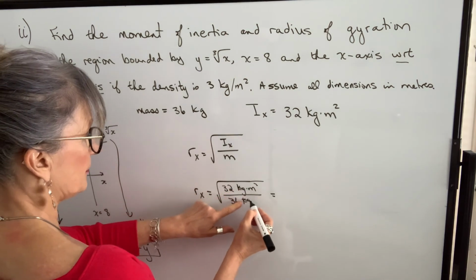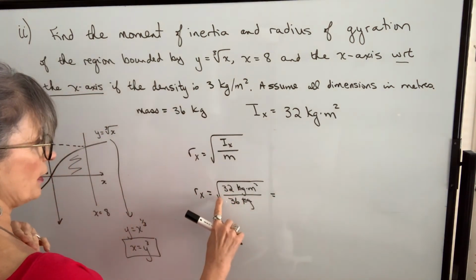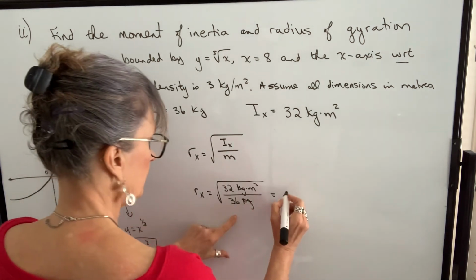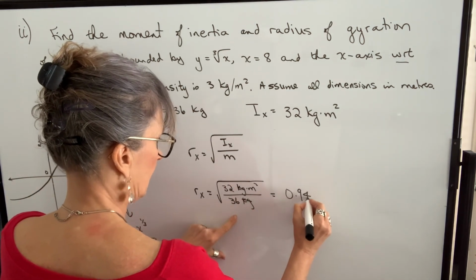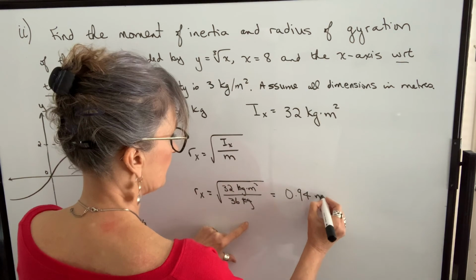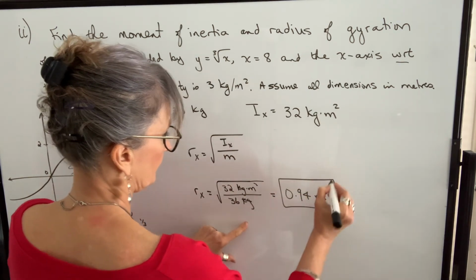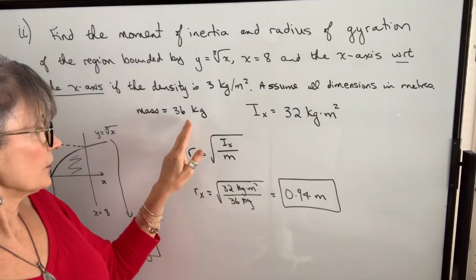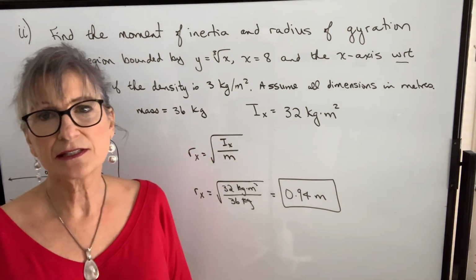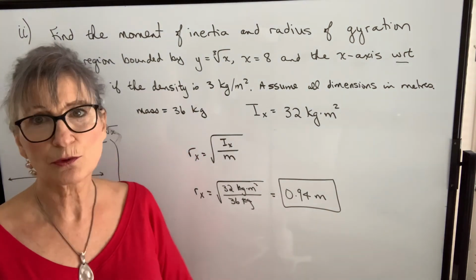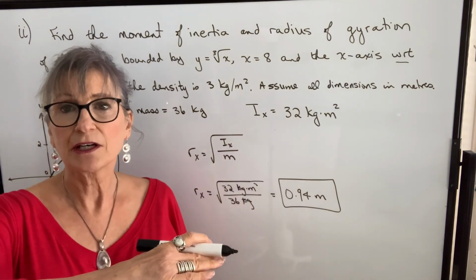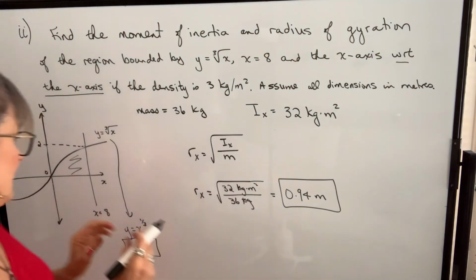Again, kilograms cancels, and then we'll have the square root of 32 over 36, which is 0.94. And the square root of meters squared is meters. So what that means is if we took a mass of 36 kilograms and placed it 0.94 meters away from the x-axis, so either above or below, it would have the same rotational inertia as this does.